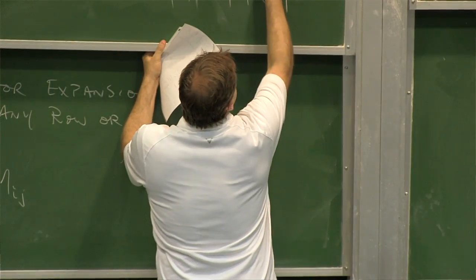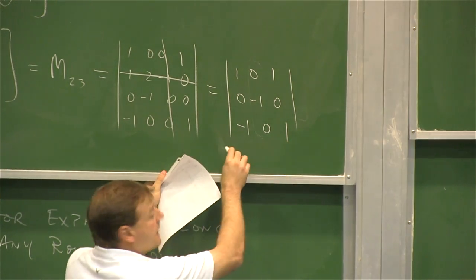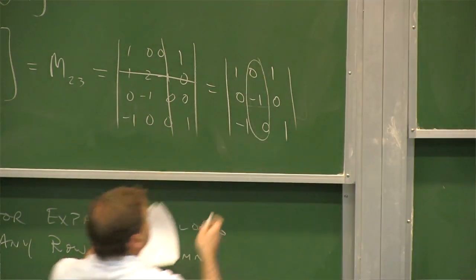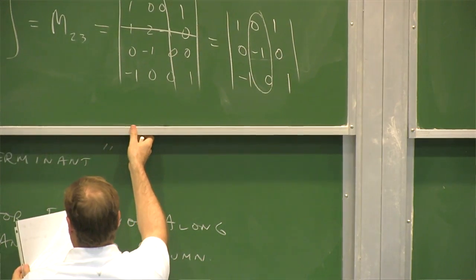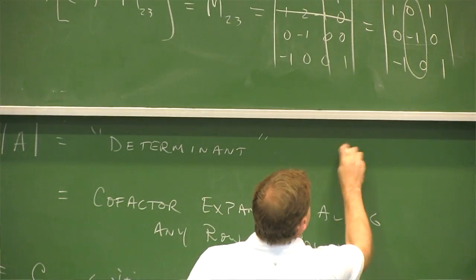Here I have two choices, it seems. I could either pick the column here that has only that negative 1 in it, or I could pick that row. I'll just pick the column here. Just practice. Okay, so let's write that out.